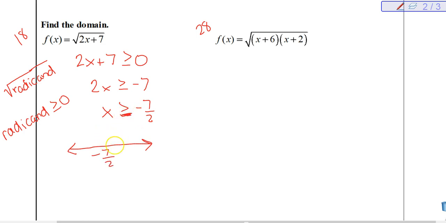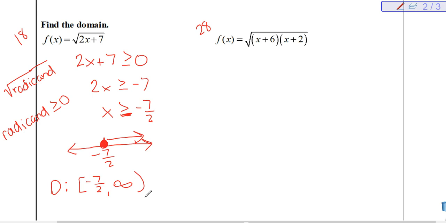Look at that equal sign. Are you sure? Yeah, because I can put a 0 in here, and negative 7/2 would create a 0. So I would put a closed circle there. And then if I want greater than, I'm looking for that section of the number line. So my domain in interval notation, which is my preference, would be closed from negative 7/2 to infinity. And there is your solution for your domain.